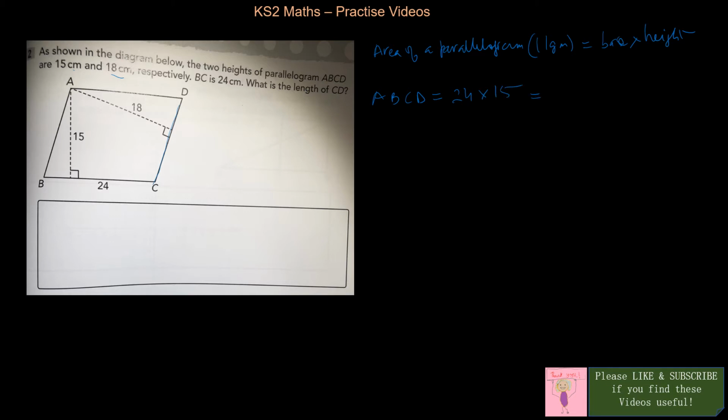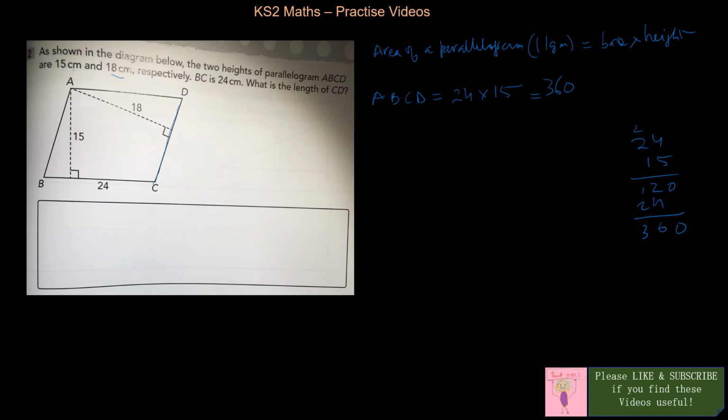If I do 24 times 15, I get 360. And then what we have to find out is CD.